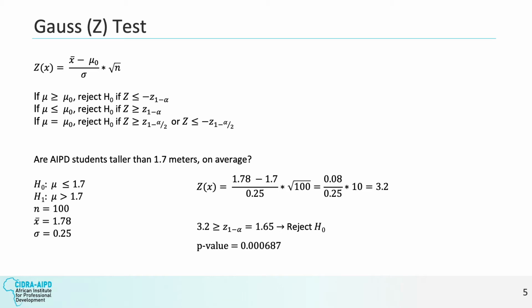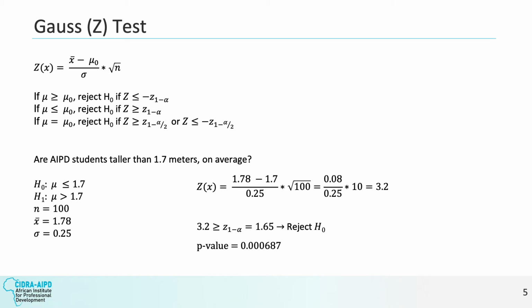If our significance level is 5%, then alpha is 0.05. The z-score for this alpha level is either 1.65 or negative 1.65 if it is a one-sided test, and either 1.96 or negative 1.96 if it is a two-sided test.